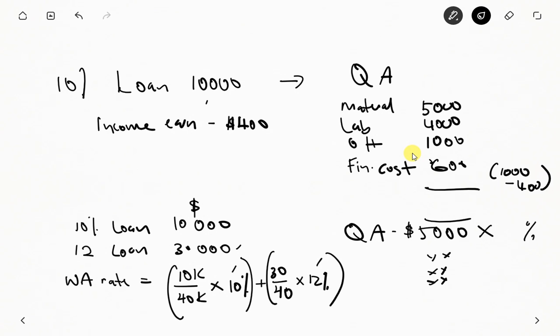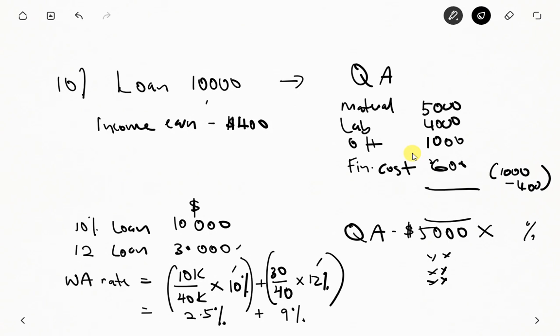So add up. 1 over 4 of 10 is 2.5. 3 over 4 of 12: 12 divided by 4 is 3, and 3 times 3 is 9. 10 divided by 4 is a quarter, which is 2.5.